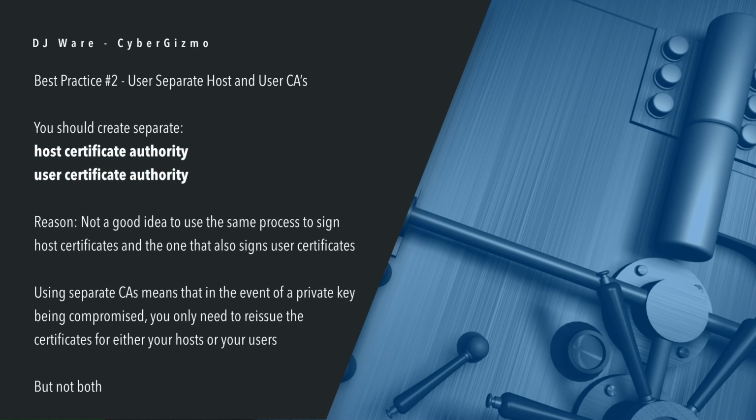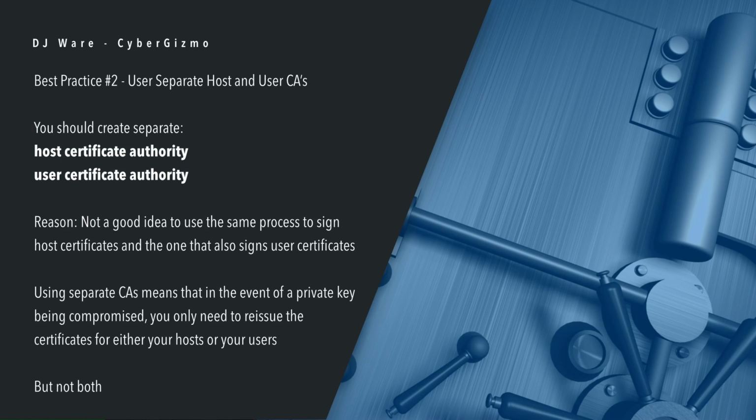You want to use separate CAs, and that gives you an advantage because in the event that a private key is compromised, maybe it's your host key on your server, I only need to reissue that. I don't have to worry about then having the TOFU message of death appear on all my client screens, because the fact that it's still signed will validate it with the client.